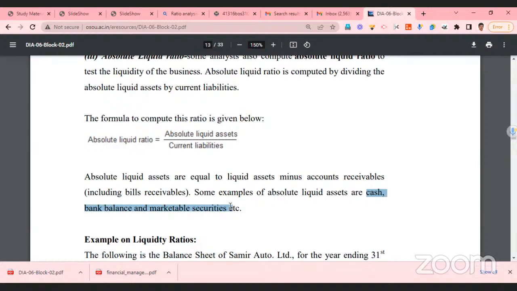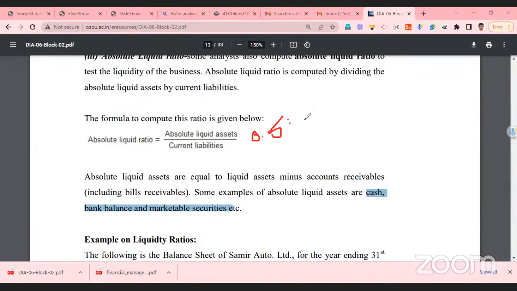Anytime means nothing but working days. You can easily convert these marketable securities into cash. The standard for this ratio is 0.5 is to 1.